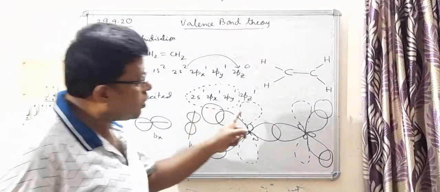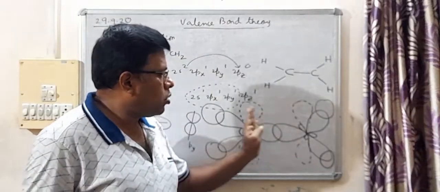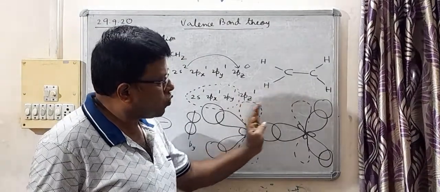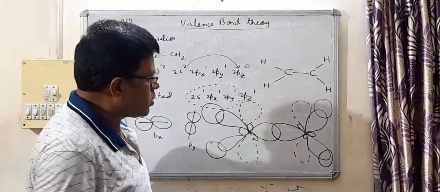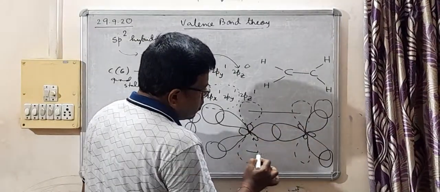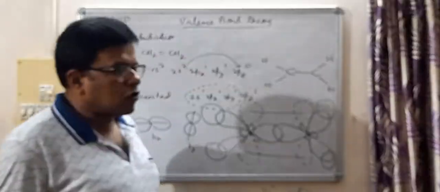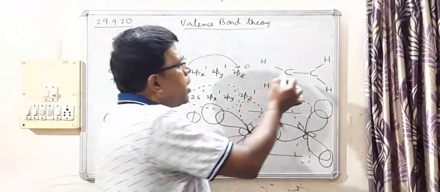Now this pz will be parallel to one another, and they are not so far, they are close, and they will overlap sidewise. That sidewise overlap, we show it like this. Sidewise overlap, and this results in the formation of a pi bond.